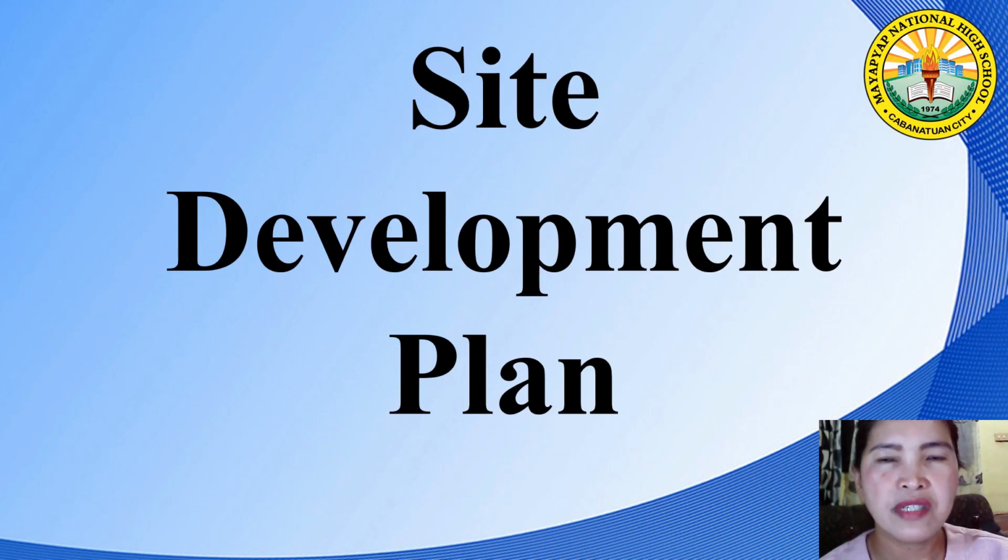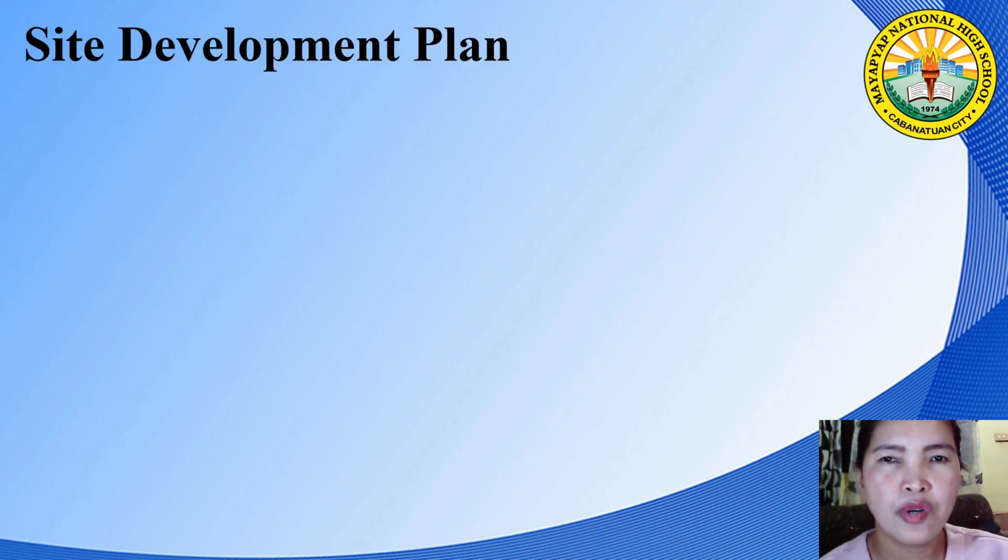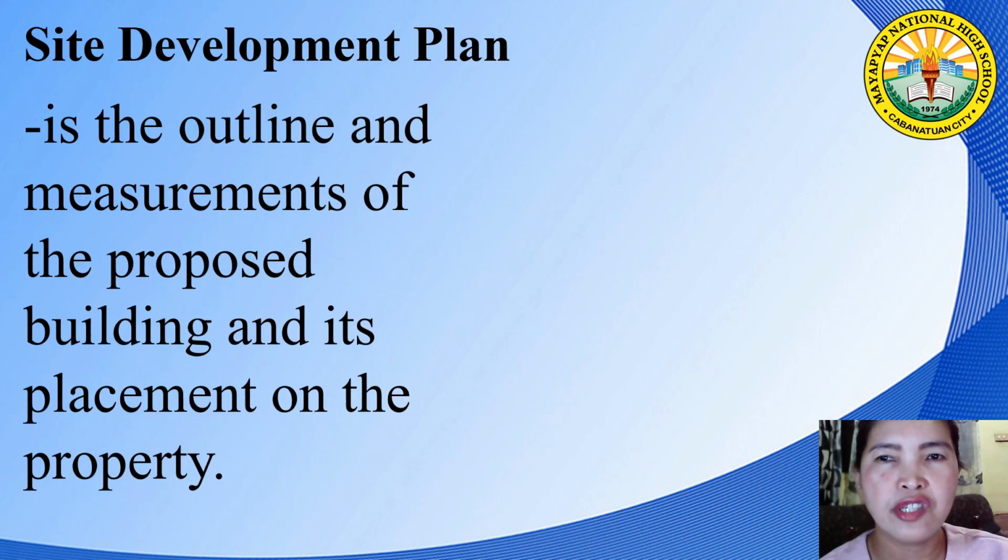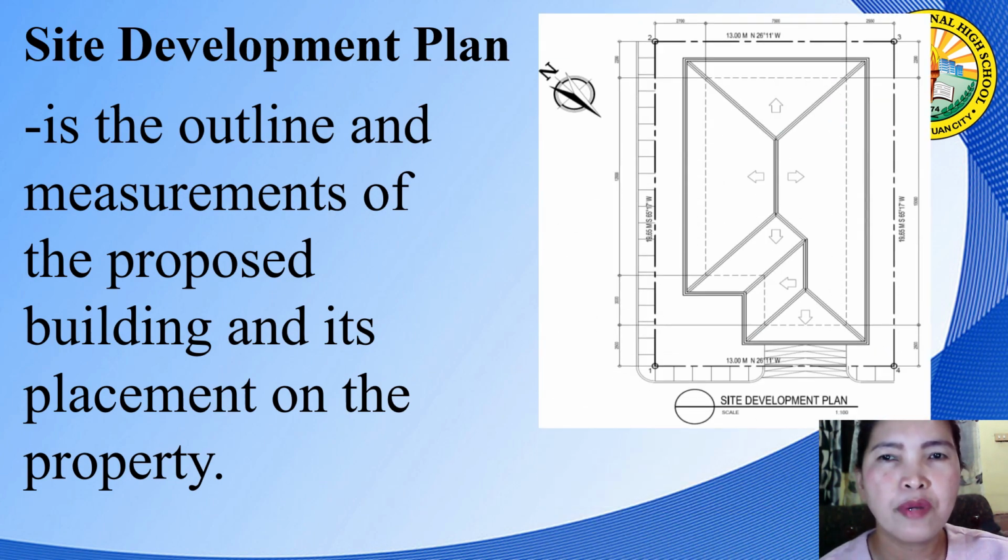Now, let's talk about site development plan. This shows the position and the location of the building with property line, setbacks, approaches, grade contours, landscape, and other pertinent data in relation to the site.